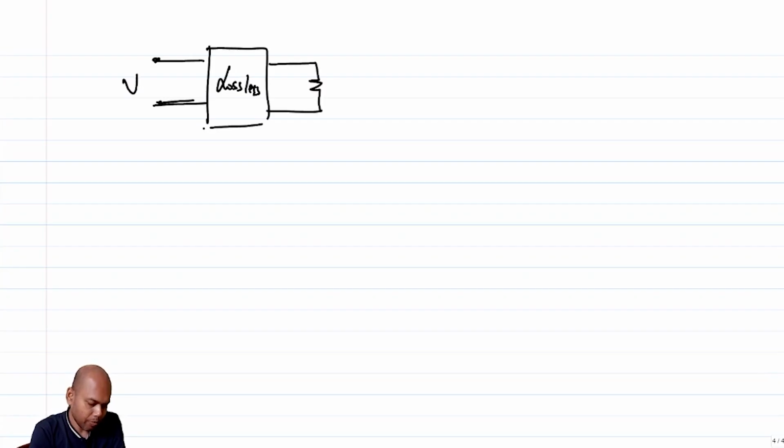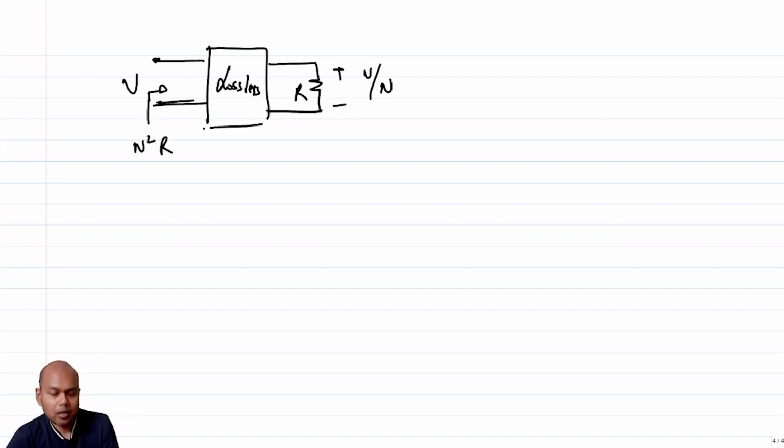We said that if I apply a voltage here, and this becomes V by N, then the resistance here becomes N squared R. But if I want to flip that argument and decrease the value of resistance, then what should I do? One might say I need to increase the value of voltage at the other terminal. Yes, that would definitely suffice, because this is lossless.